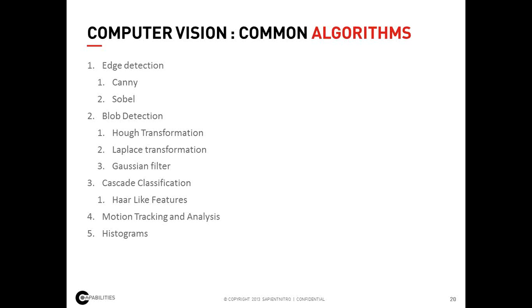So that you can just think about it and process that information for some reason. There are a couple of transformations like Laplace transformation, Hough transformation, Gaussian filters, all those kinds of linear filters available to help us in the blob detection. And those are the basic things which we need, and I will be talking later about how we can use those things to create gestures, to implement gestures.